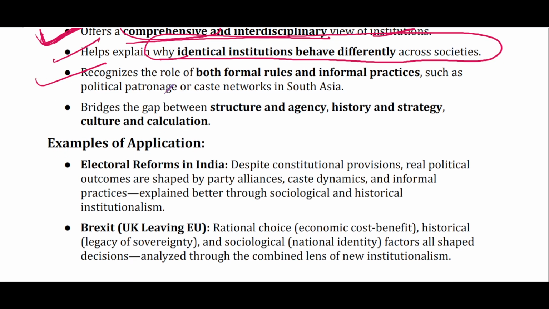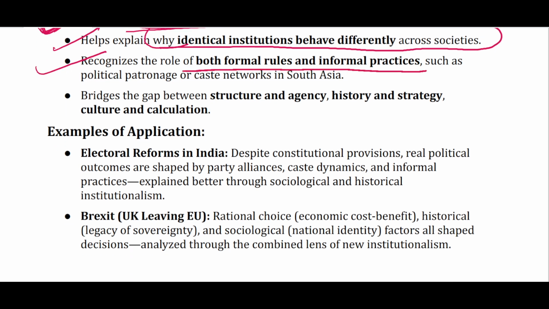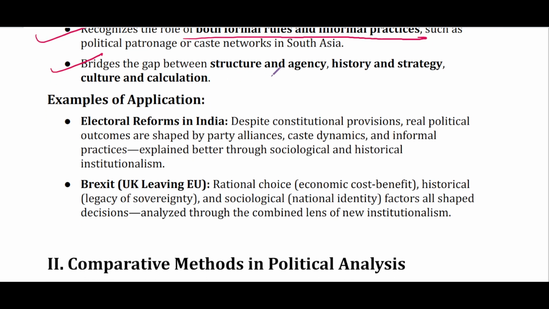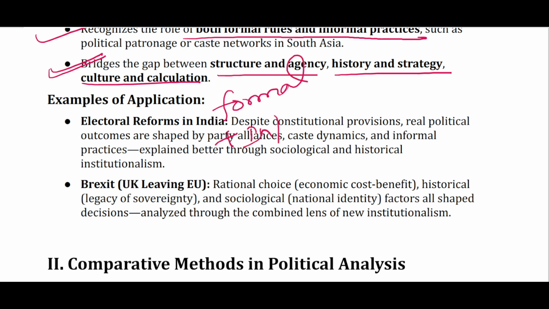Then it has provided space for both formal and informal practices, and it tries to bridge the gap between structure and agency, history and strategy, culture and calculation. In short, it tries to fuse formality along with informality.